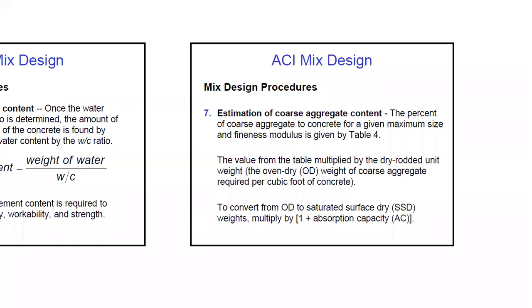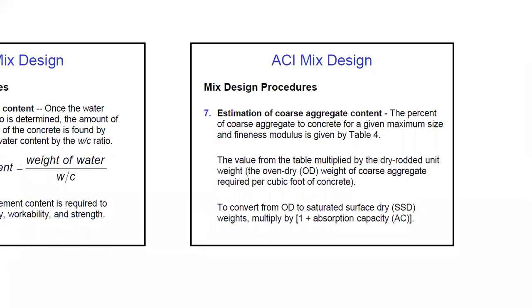So the next phase is the estimation of coarse aggregate. What would be the weight of coarse aggregate that is going to be needed for this concrete mix? The percent of coarse aggregate to concrete for a given maximum size and fineness modulus is given by table number 4. So the coming table would be the one defining the coarse aggregate content. The value from the table is multiplied by the dry rodded unit weight of coarse aggregate required per cubic feet of the concrete.